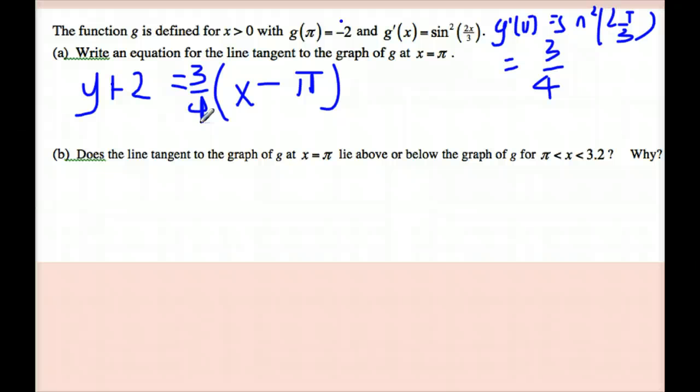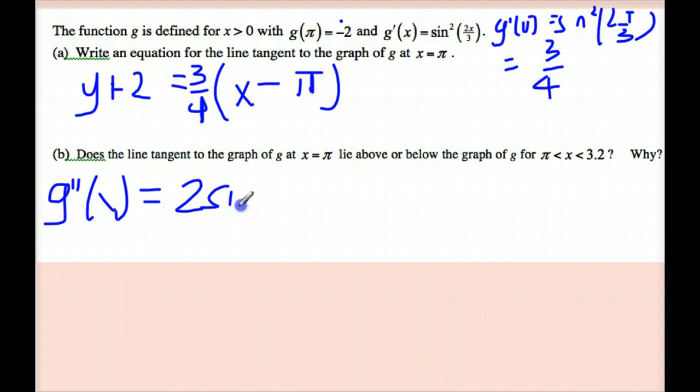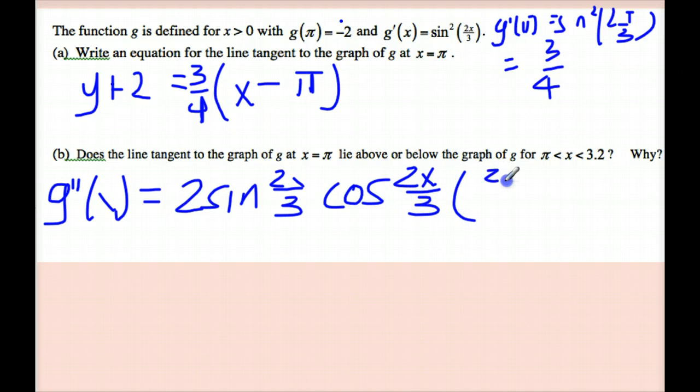So let's go ahead and find the second derivative. g double prime of x is equal to 2 sine of 2x over 3 times cosine of 2x over 3 times 2 over 3.